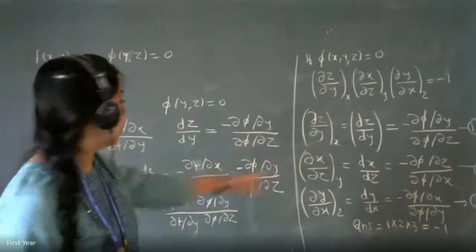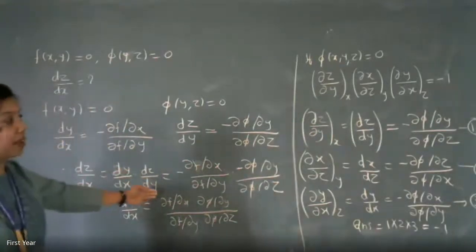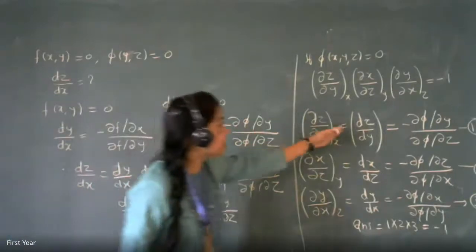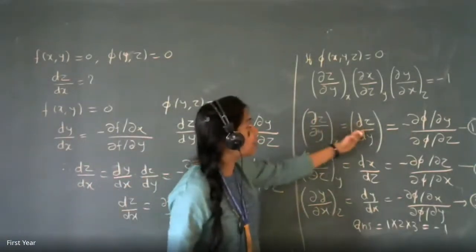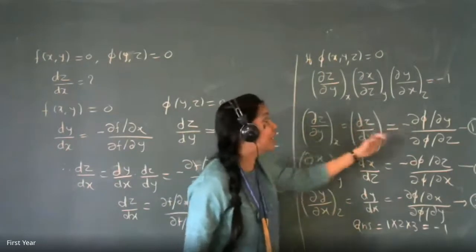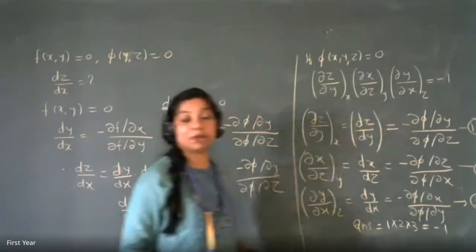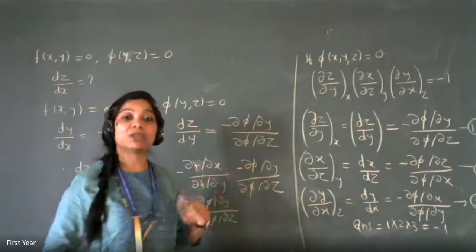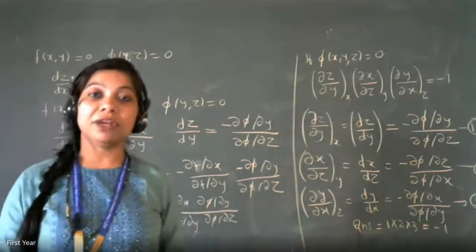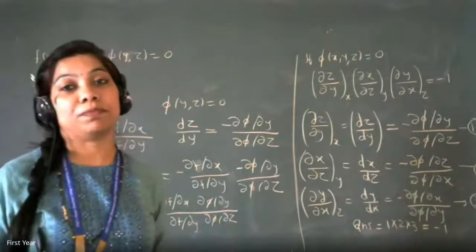Yes, ma'am. All of them would have got cancelled. This relation between delta and d is happening because of implicit function. And then we are getting the formula. I'm not just writing dz by dy, we are making use of phi. And that's why the answer is turning out to be minus 1. In general, if it was ordinary derivative, the answer would have turned out to be plus 1.